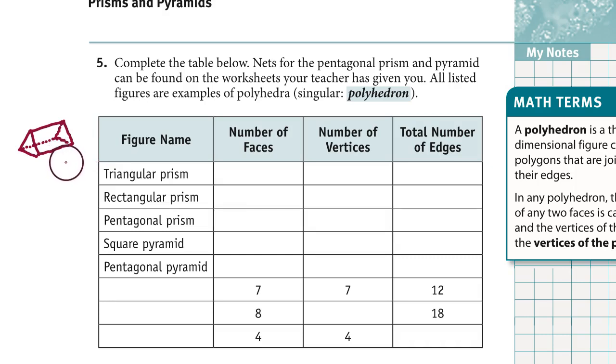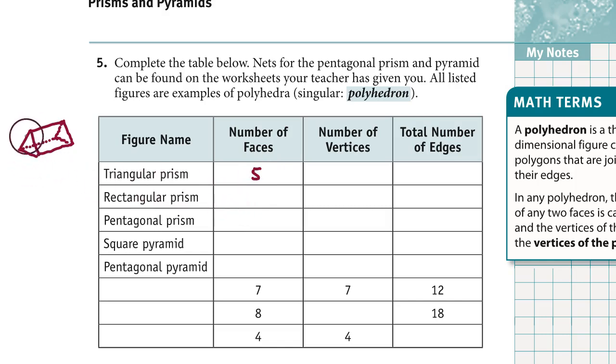How many faces does it have? Well, there are 2 triangle faces and 3 rectangles. It's sitting on one of the rectangles, and then we have a rectangle that is closest to our eyes, and then we have a rectangle that I might call the back face of the shape. So it has 5 faces. How many vertices does it have? How many corners?